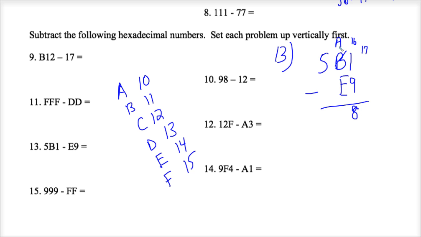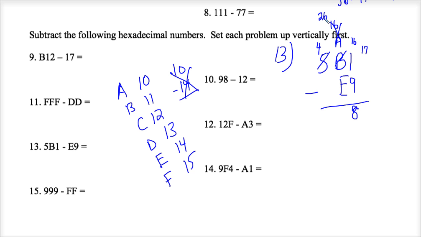Now we move to this column, A minus E. Let's see, A is really a 10, and E is really 14. And you can't do 10 minus 14. So we need to borrow. We need to knock the 5 down to a 4, borrow a group of 16, but we already had A on hand. And A is really 10, so that 10 plus the 16 that we borrowed makes a grand total of 26.